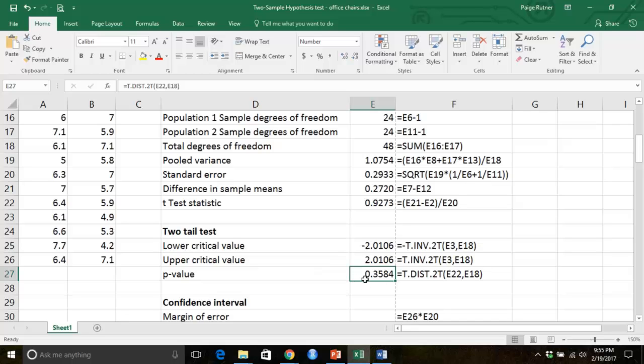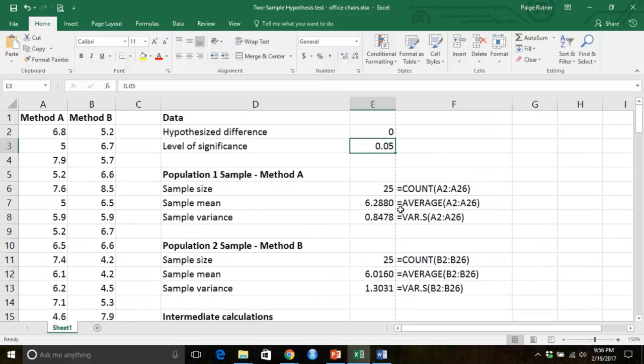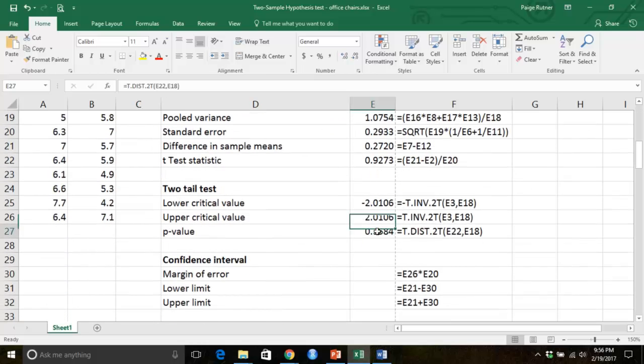The basic rule for interpreting p-values is that if your p-value is less than your chosen level of alpha, you reject the null hypothesis. Otherwise, you do not reject the null hypothesis. Remember that our chosen level of alpha was 0.05, and so 0.35 is definitely not less than 0.05. So that confirms our conclusion. We do not reject. All right, so that's the p-value.